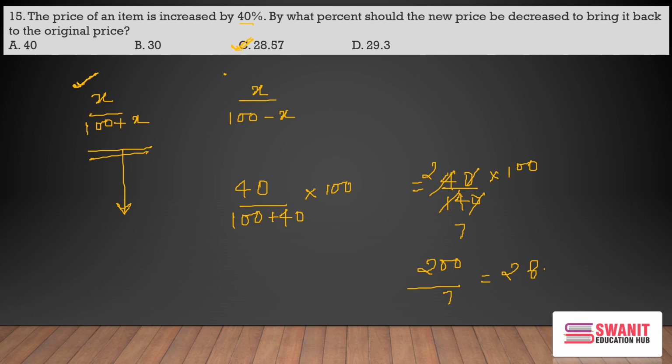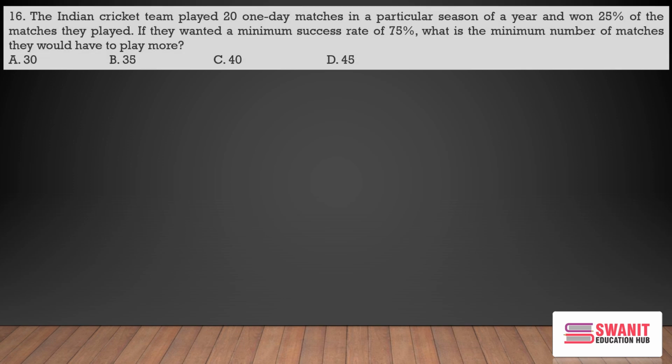Let's look at another question. The Indian cricket team played 20 one-day matches in a particular season of a year and won 25% of the matches they played. So which means they played 20 matches, they won 25%, that is 5 matches. If they wanted a minimum success rate of 75%, what is the minimum number of matches they would have to play more?